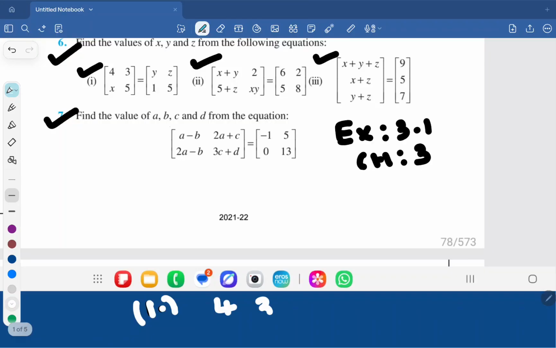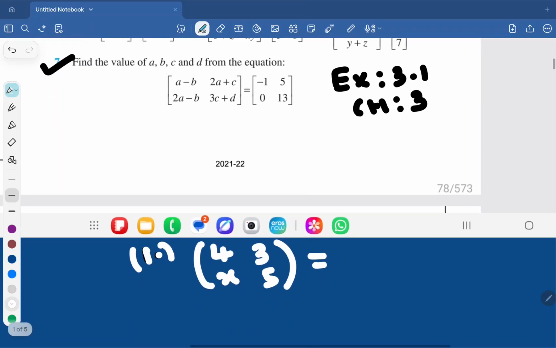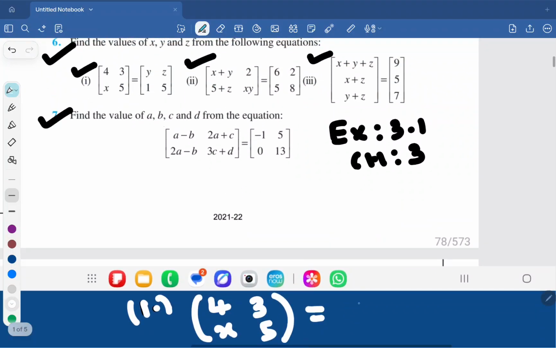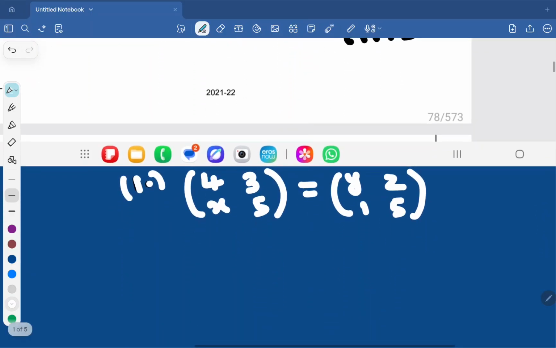The matrix [4, 3; x, 5] is equal to [y, z; 1, 5]. Here order is 2 cross 2. Here also order is 2 cross 2. Therefore, by definition of equal matrix, both the matrices have the same order. Therefore, corresponding elements are equal.